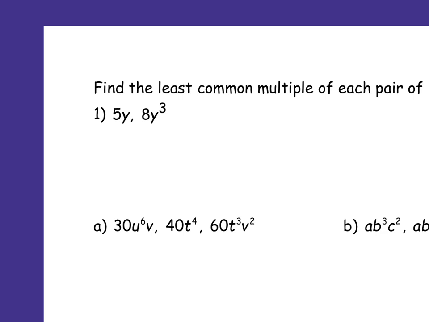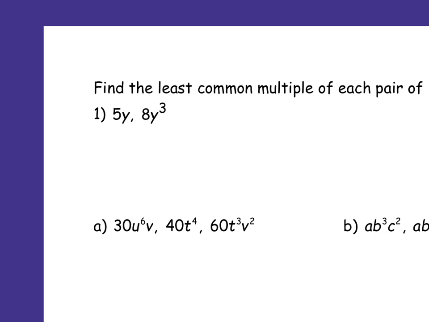Okay, so the next section is we're going to find the least common multiple of each pair of polynomials, or set. I should probably have said set of polynomials because some of them have 3 of them in there. So basically, we're going to find a common denominator. That's kind of what we're trying to do.